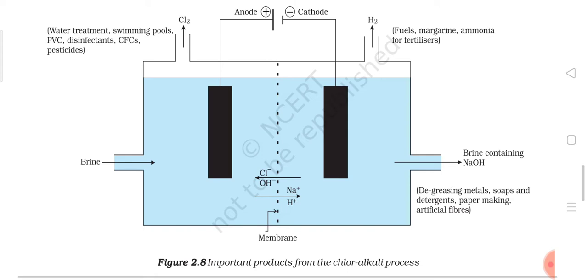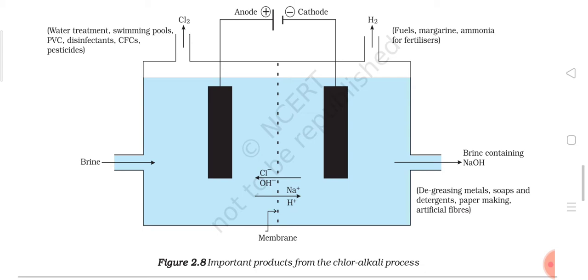The other thing you can see is that at the anode they have shown that chlorine gas is evolved, whereas at the cathode hydrogen gas is evolving. Now let us discuss actually what happens in this electrolyte. See, whenever you are dissolving any salt in water, what happens? The salt gets dissociated into its constituent ions. As you can see here, we have taken NaCl.